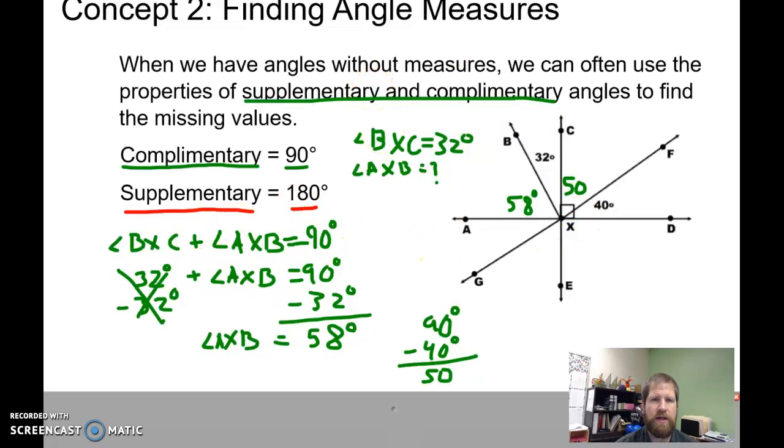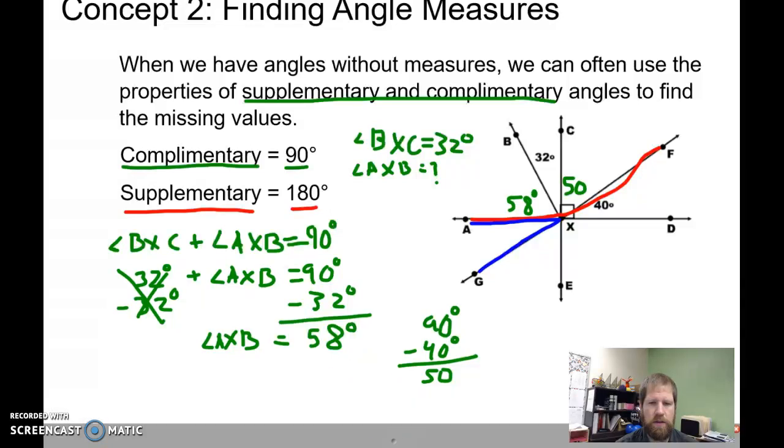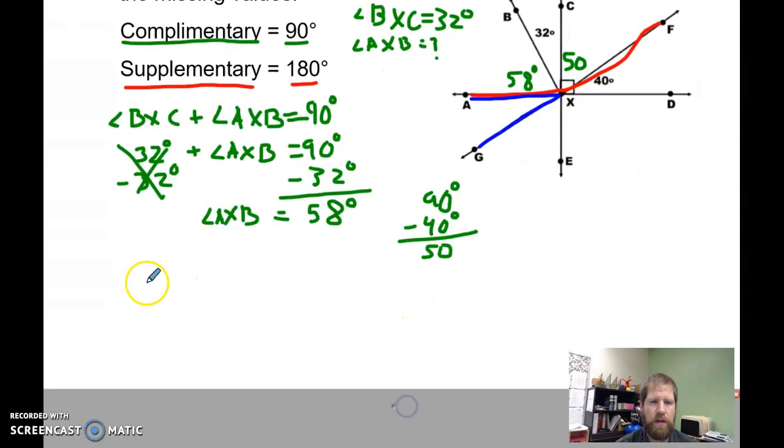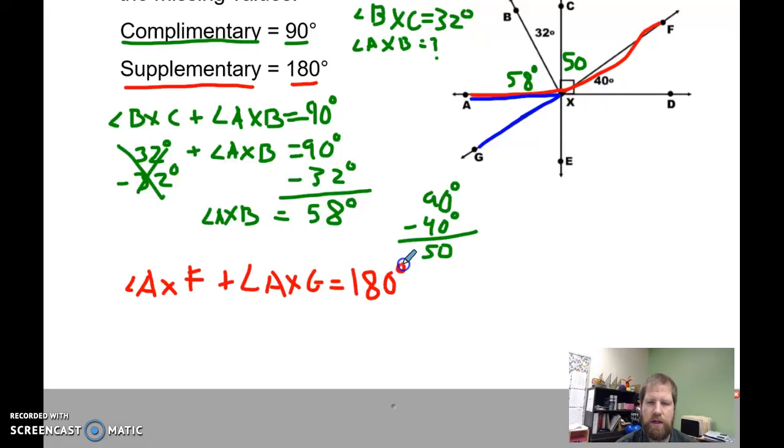That straight line is telling me that AXF, that's not a very good angle, but it's okay, AXF and AXG together, let's get some more room down here, angle AXF plus angle AXG are equal to 180 degrees.